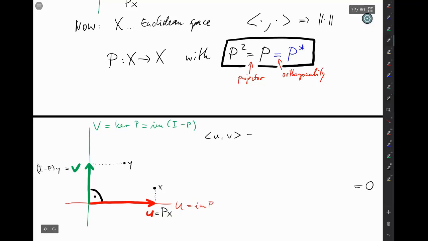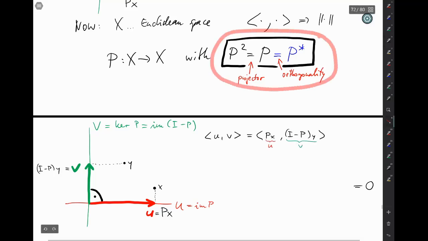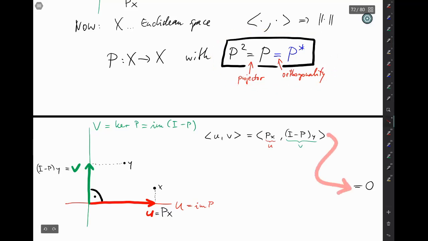Okay, if we plug these in here, we will now have to use what is given to get us from here to here. Let's start with the adjoint. So we know that we can get this P across the comma by writing P star on the other side.